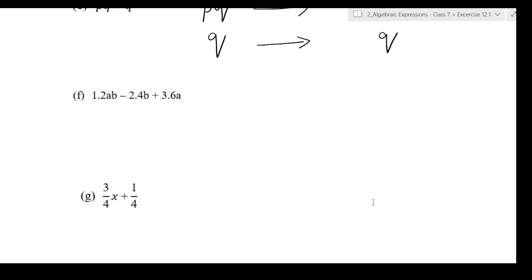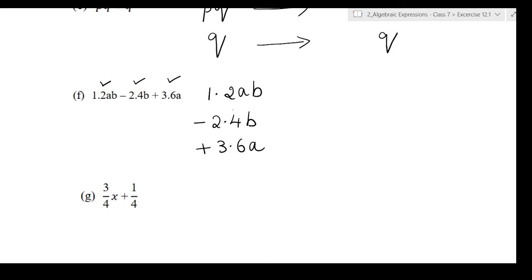Next, 1.2ab minus 2.4b plus 3.6a. So 1.2, 2.4, 3.6, all these are decimal numbers, right? So we have first term, second term, third term. This particular algebraic expression is made up of three terms. First term is 1.2ab, second term is minus 2.4b, and the third term is plus 3.6a.